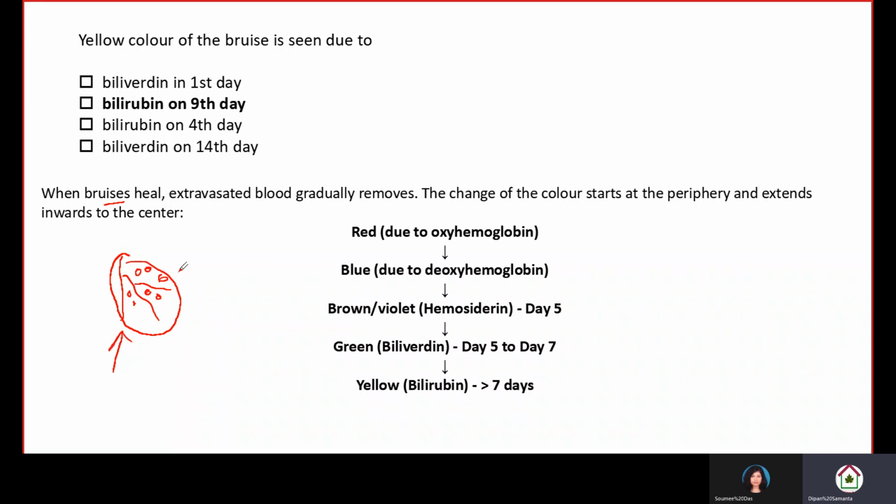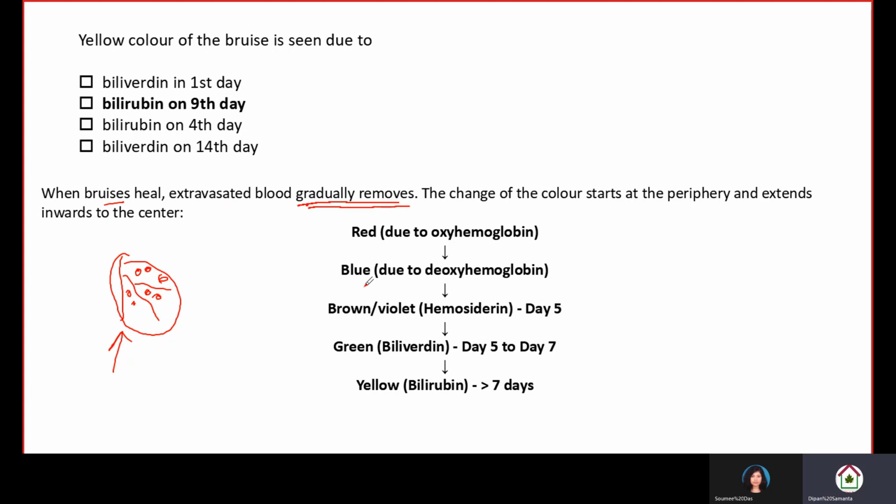Now this extravasated blood gradually starts being removed, and due to this there will be a change of color at the periphery, extending inwards to the center.